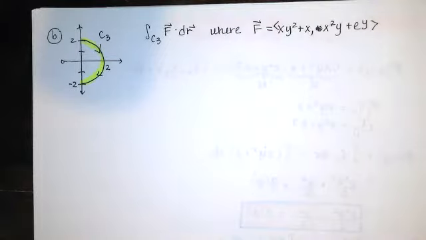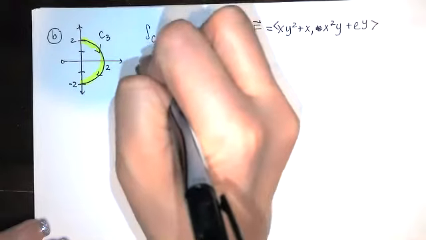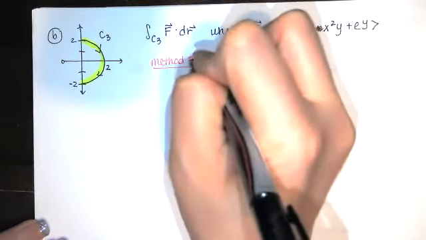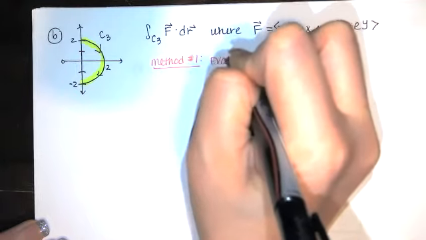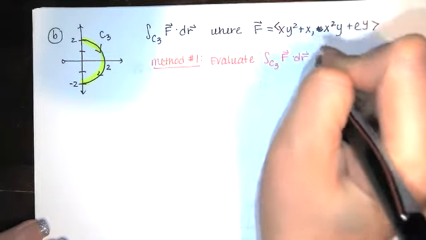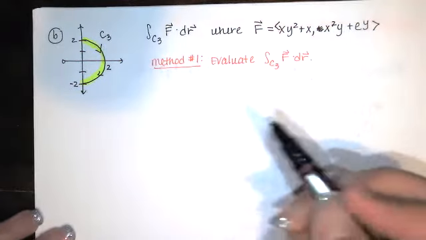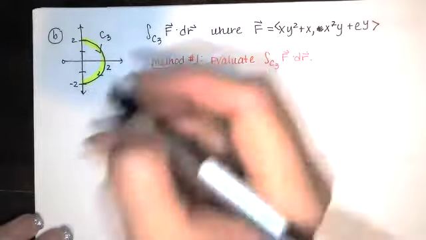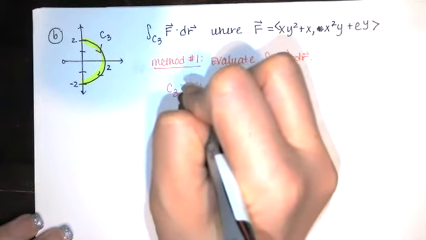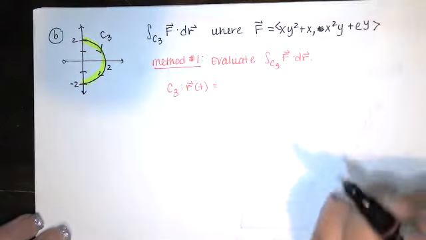Here are your options. Method number 1. You can just evaluate the integral that they gave us. And that means coming up with a piecewise smooth parameterization of C3. Well, it's a semicircle, it's not so bad.